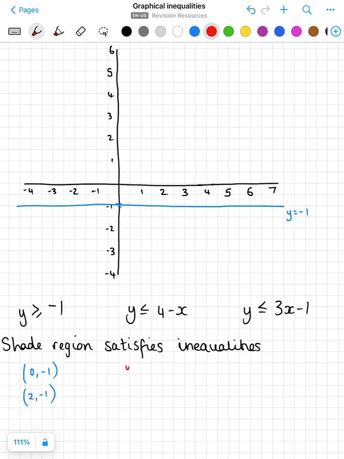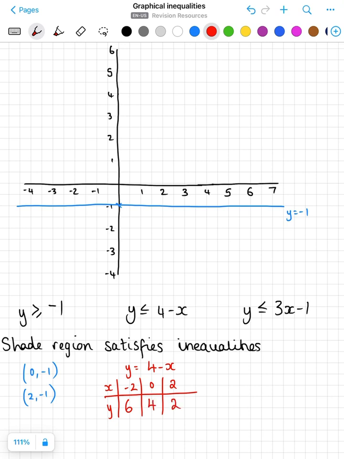Next up is y equals 4 minus x. So let's go in with our table of coordinates for this one. Minus 2, 0, and 2. So 4 minus minus 2, be careful of those signs, that changes it to a plus, which is 6. 4 minus 0 is 4, and 4 minus 2 is 2.